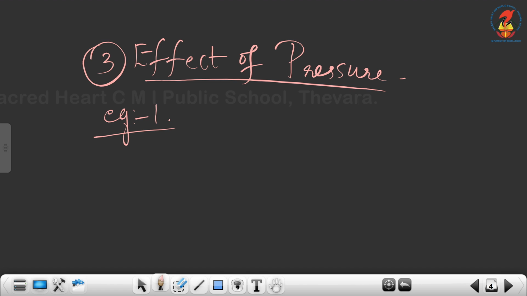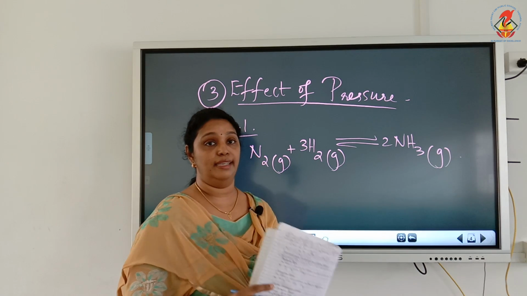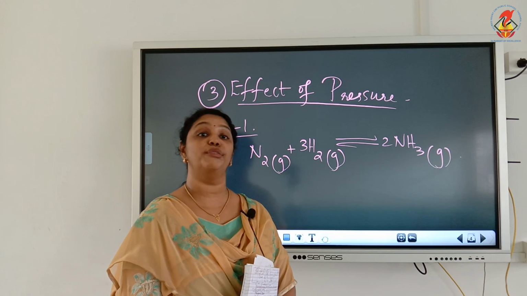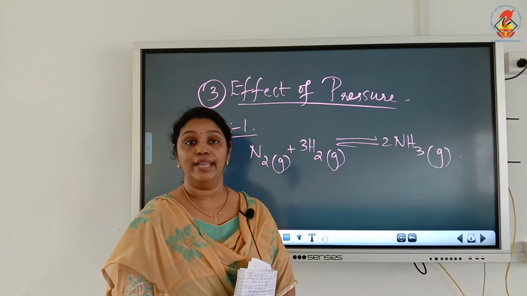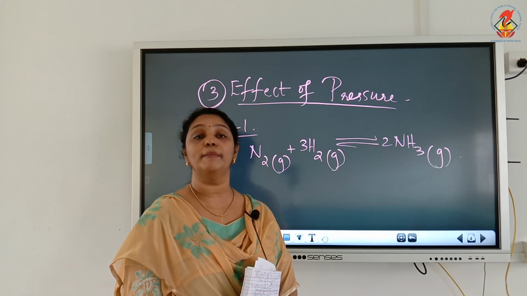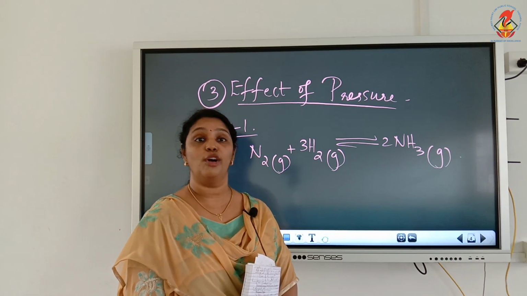The reaction for the formation of ammonia molecule is N2 gas plus 3H2 gas in equilibrium to 2NH3 gas. Now here what we have to see is the total number of moles of reactants and products. To find the number of moles, we have to look at the stoichiometric coefficient.